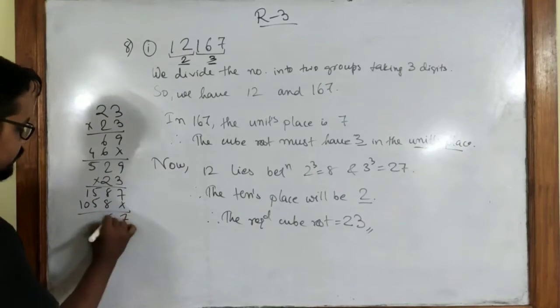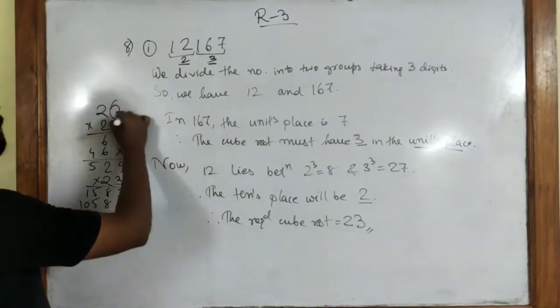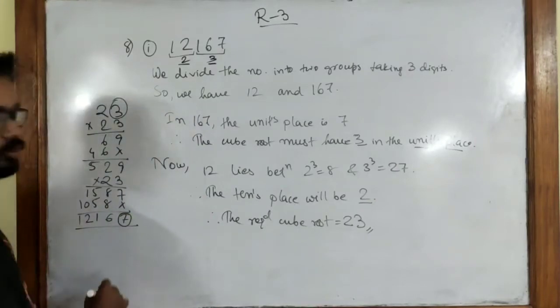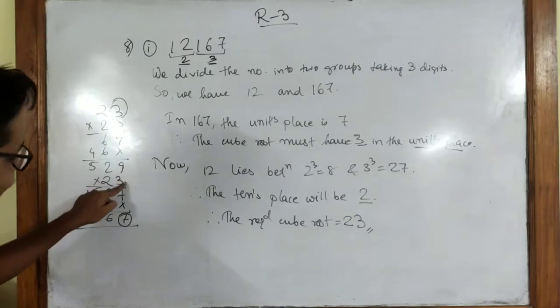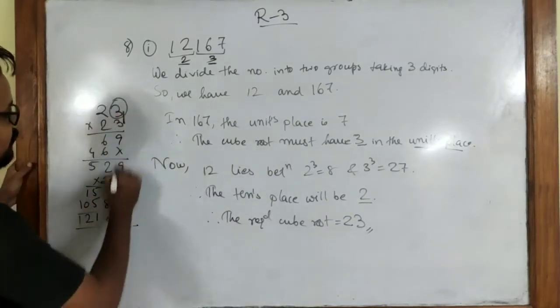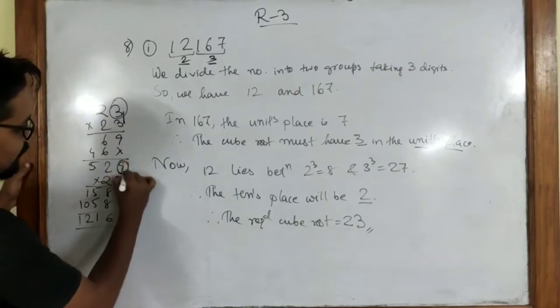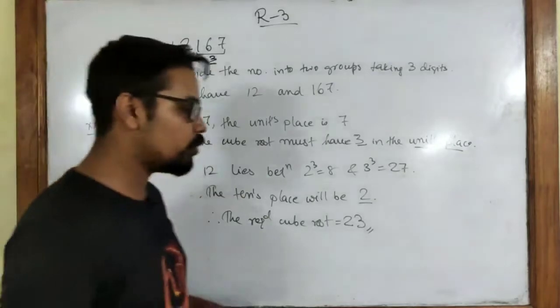So you have 7, 6, 1, 2, 1, 1, 2, 1, 6, 7. See, as the number was 3, the units place also contains 7, because 3 times 3 is 9, and this 9 again multiplies with 3 to give 7 at the end. So you will always consider this.